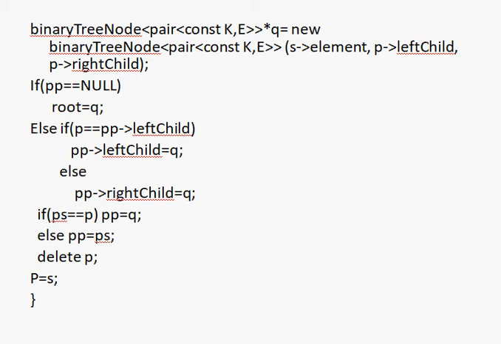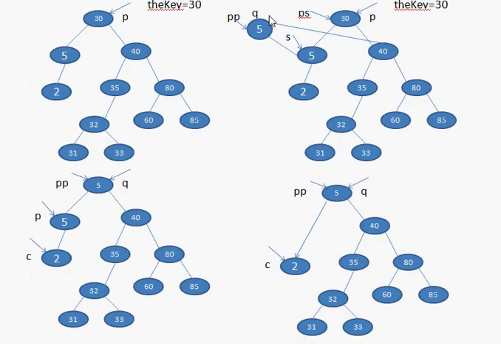Now after writing this code, the structure looks like this. We created Q and its left child is pointing where P of left child is pointing. P of left child points here, which is S itself, and Q of left child will also point to the same node. Okay, and P of right child is pointing here, and we make sure that Q of right child is also pointing there. So this will be the structure.